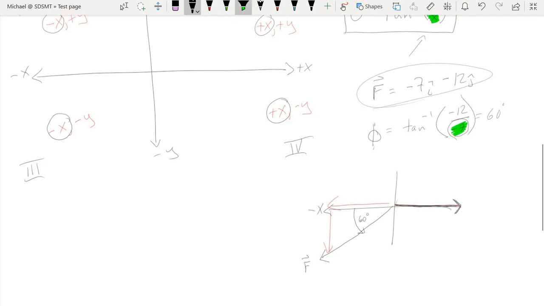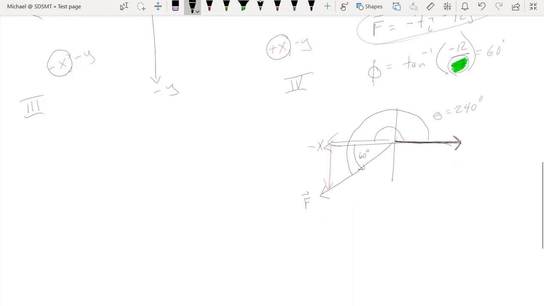If I want to measure the angle relationship of my vector with respect to positive x, well, all I have to do is add that extra 180 to my value, and I have my answer. So 180 plus the 60 is going to result in an angle of 240 degrees with respect to the x-axis.